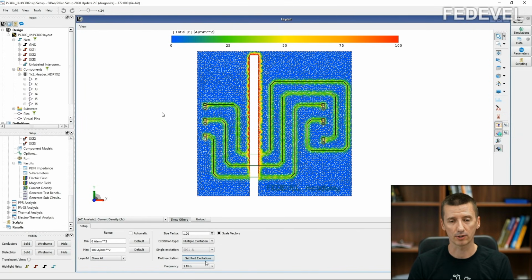And in this simulation, you can very nicely see the return currents of these 3 tracks. They go around this gap, which is here. So all this red color here, these are the return currents of these tracks which are routed here. And as you can see, they go around the gap and they are all mixed together.